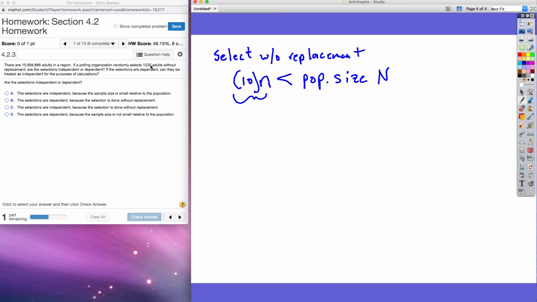So really they selected 1, 2, 3, 5. If you multiply that by 10, that's still less than the 15,958,866. That's the population size, that's the sample size. So if this is true, then you could sample without putting the people back.